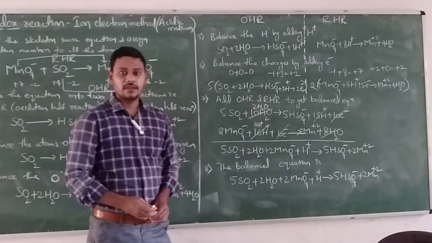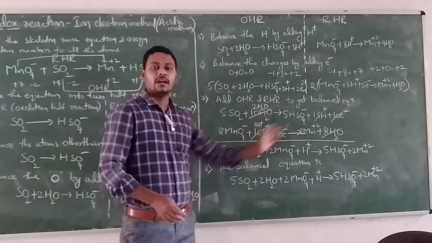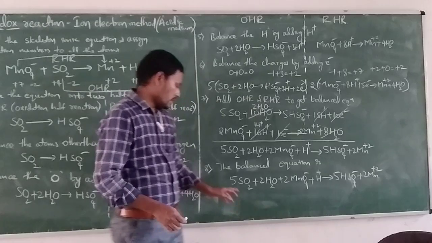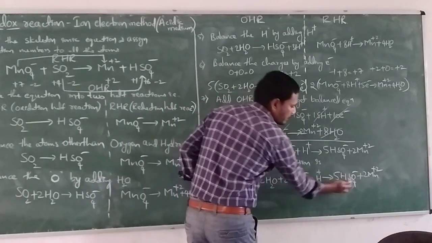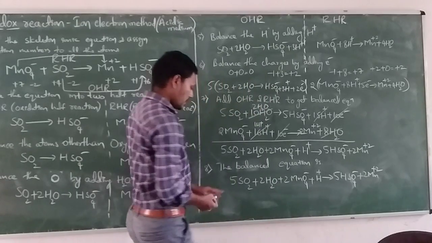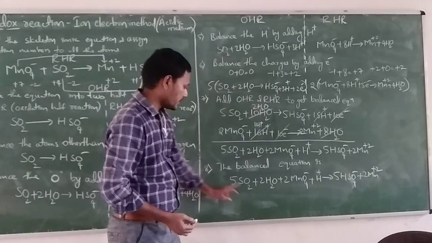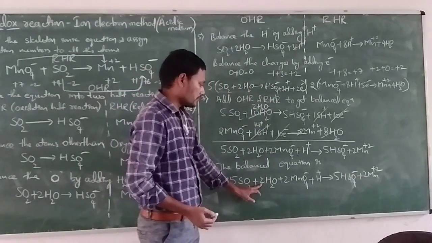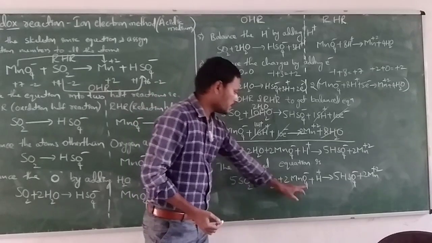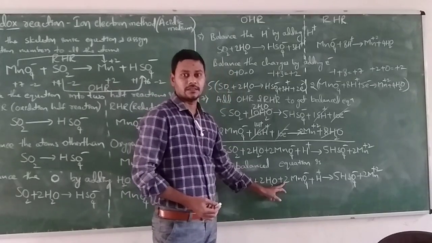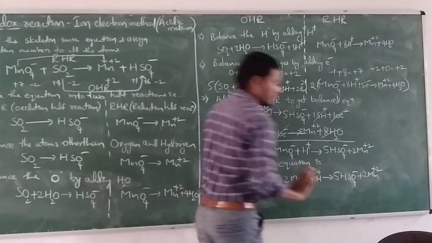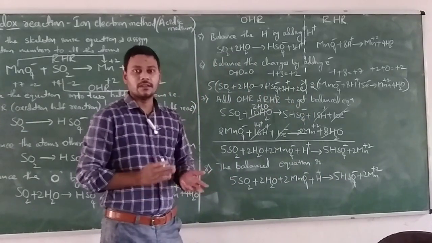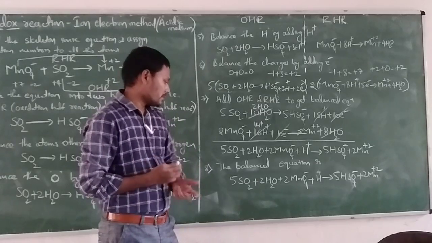Now we have to verify whether the atoms on the left side and right side are balanced or not. How many sulfurs on the left side? 5 sulfurs. Right side, 5 sulfurs. How many oxygens on the left side? 5 2s are 10, 10 plus 2 is 12, 12 plus 8 is 20 oxygens on the left side. Right side, 5 4s are 20. 20 oxygens. Sulfurs are balanced and oxygens are also balanced.